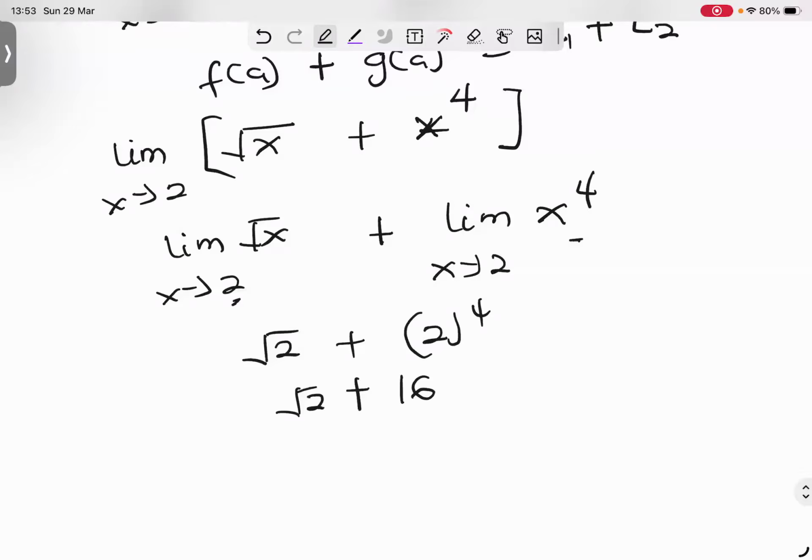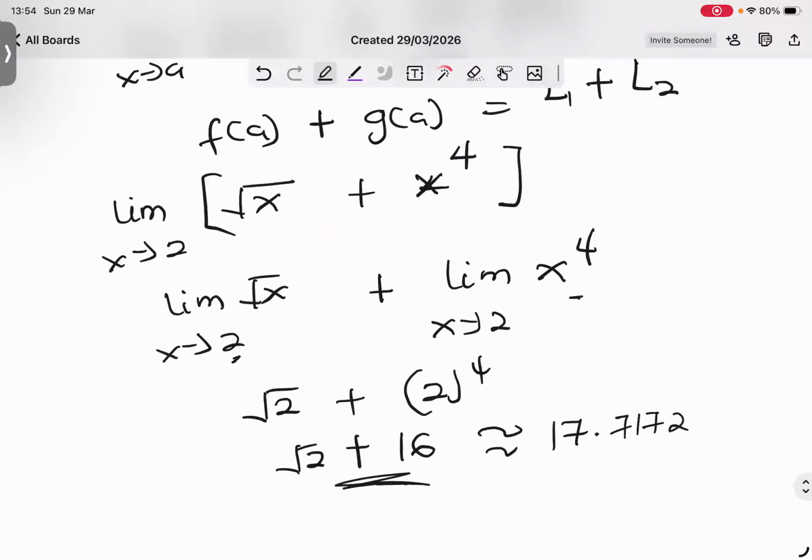I think you have 1.4142, and then you add it to 16. So approximately 17.4142, if I'm not wrong, something in that form. But you are allowed to leave your answer in this form for academic purposes. And that is the sum property.